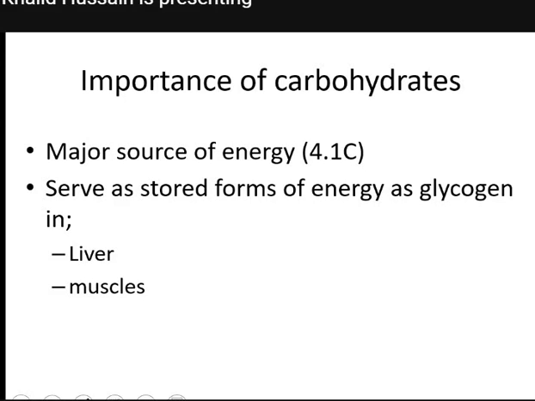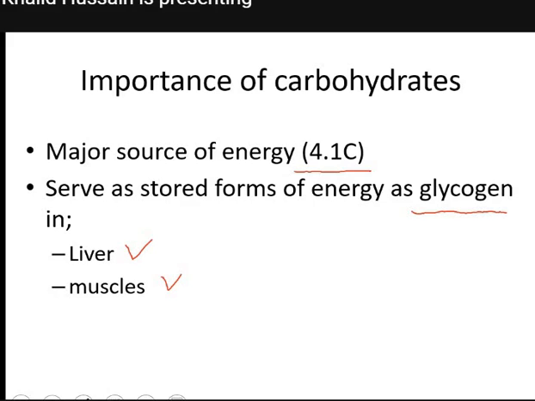One gram of carbohydrate provides 4.1 or 4 calories of energy. Carbohydrates are stored in the body in the form of glycogen in two parts, the liver and muscles, so they also act as a stored form of energy.